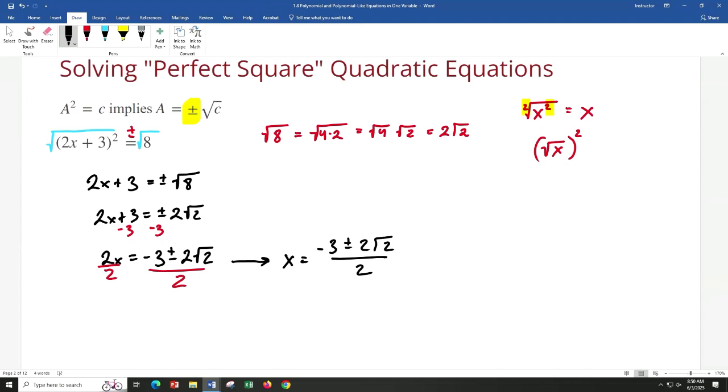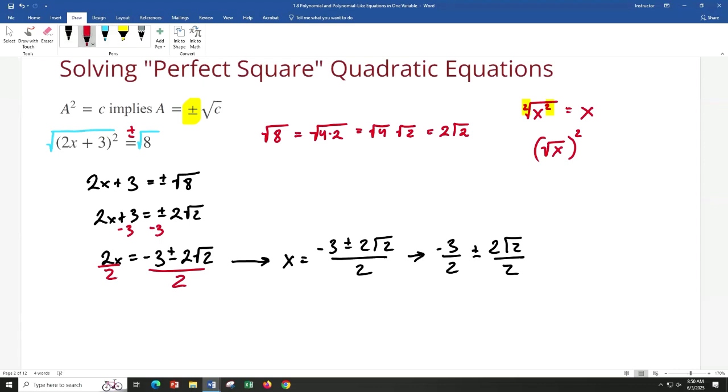You would once again get a blue bar from Hawks. Remember that standard form I taught y'all? Where you can take that denominator and split it. If you have the same denominator, which in this case is a 2, there's only a 2 down there. You can split that up, and then look what's going to happen when I do that. I get negative 3 over 2 plus or minus 2 over 2 root 2.